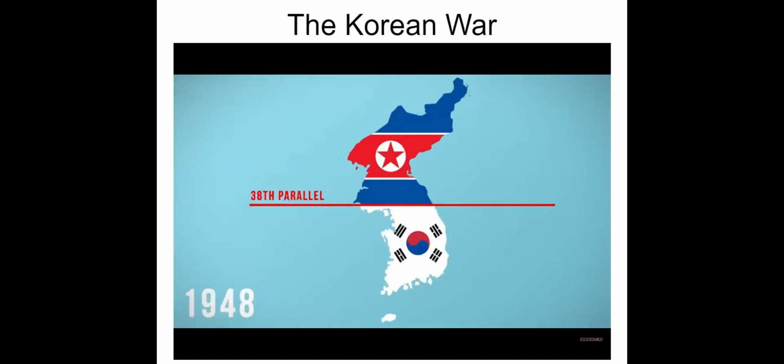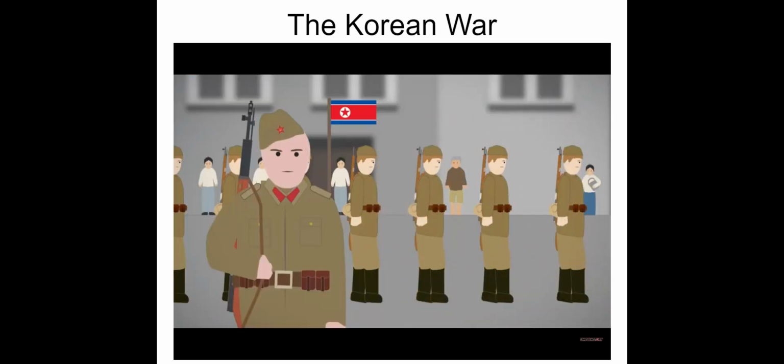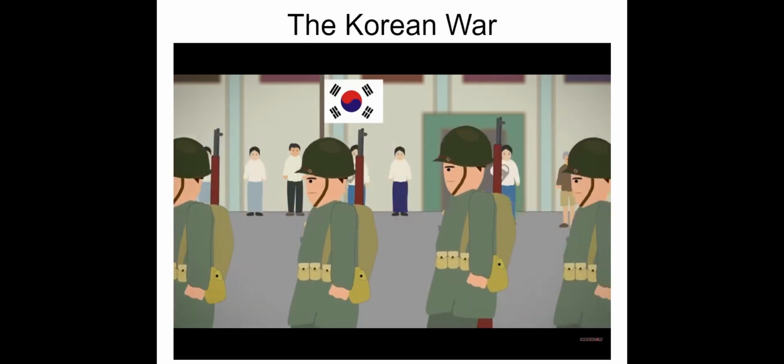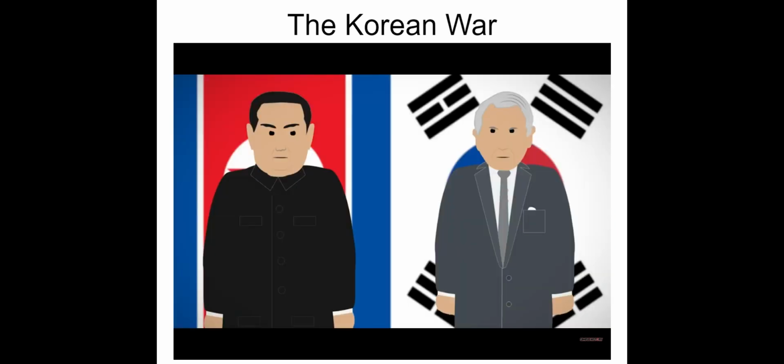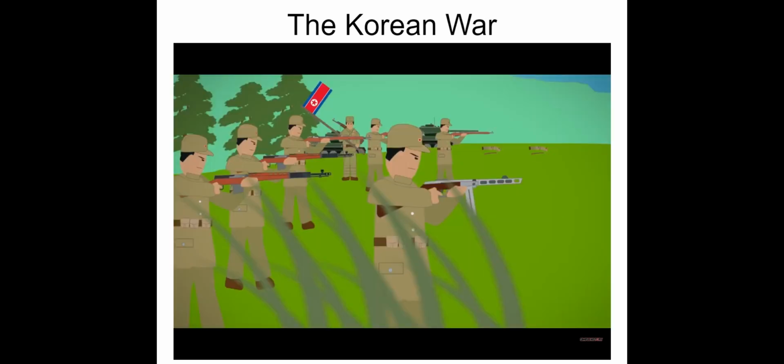By 1948, the country was divided in half at the 38th parallel, with the capitalist South ruled by Syngman Rhee and the communist North ruled by Kim Il-sung. The Soviet troops withdrew from Korea in 1948, and U.S. troops withdrew in 1949. However, North and South Korea, as enemies of one another, would not accept the border between them as permanent. The North Koreans attacked South Korea on June 25, 1950, advancing across the 38th parallel.